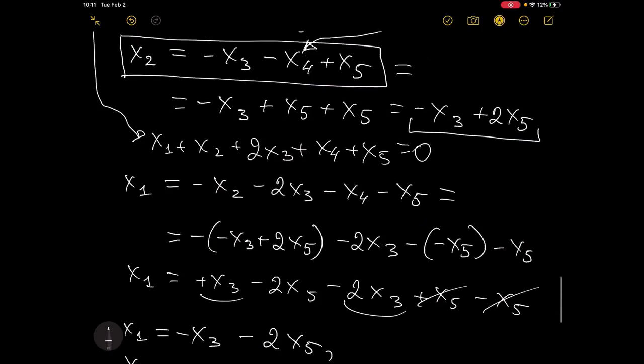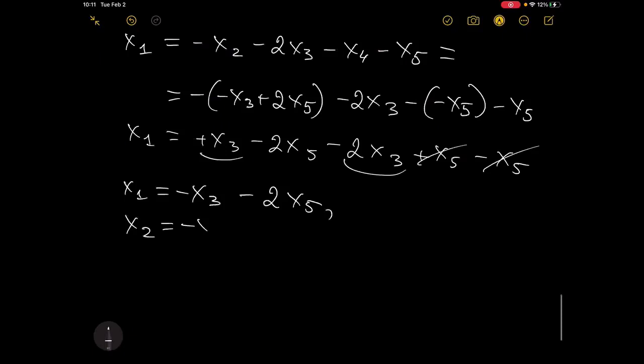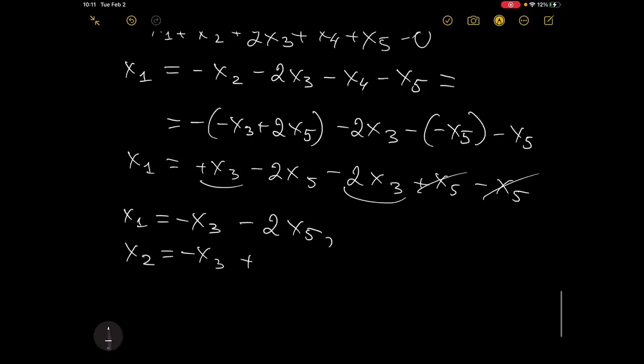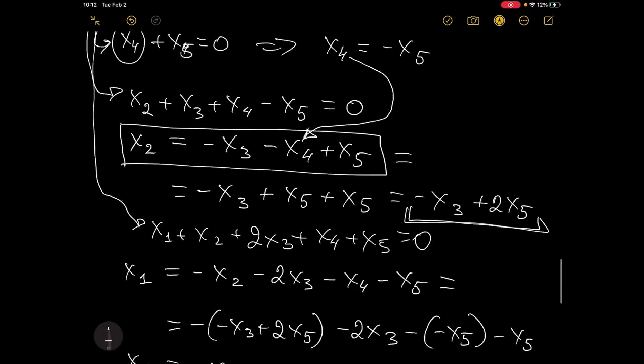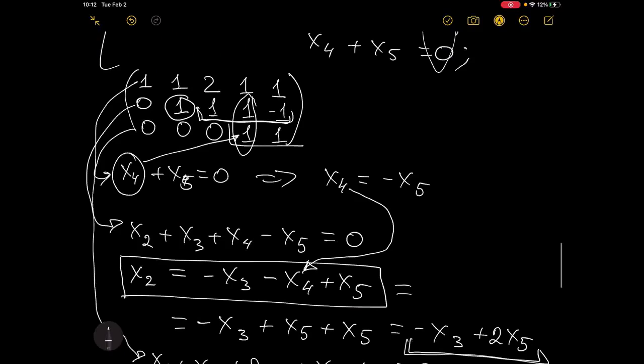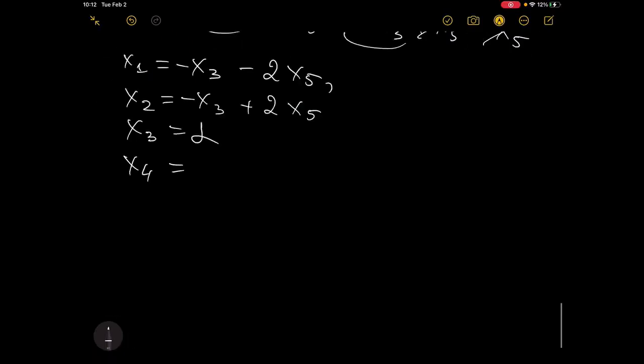Here it is, x2 minus x3 plus 2x5. x3 is a free variable, right? x4, where it was here, equals negative x5. x5 is a free variable, right? So it can take any value.